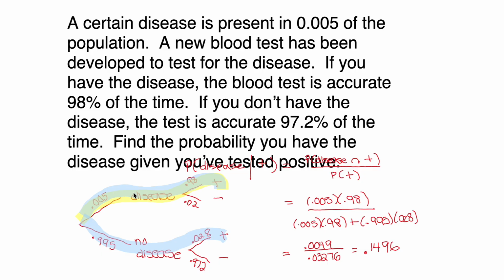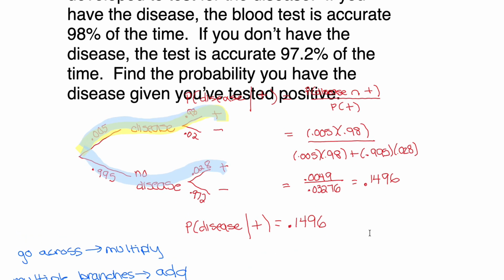If 0.005 and 0.98 are in the same branch, then multiply them together, and the same for the branch below. So we multiply these two together, divided by the probability of testing positive. For testing positive, we have two branches, so we have to add them together to get the total probability. And doing some algebra, you will get the answer as 0.1496.